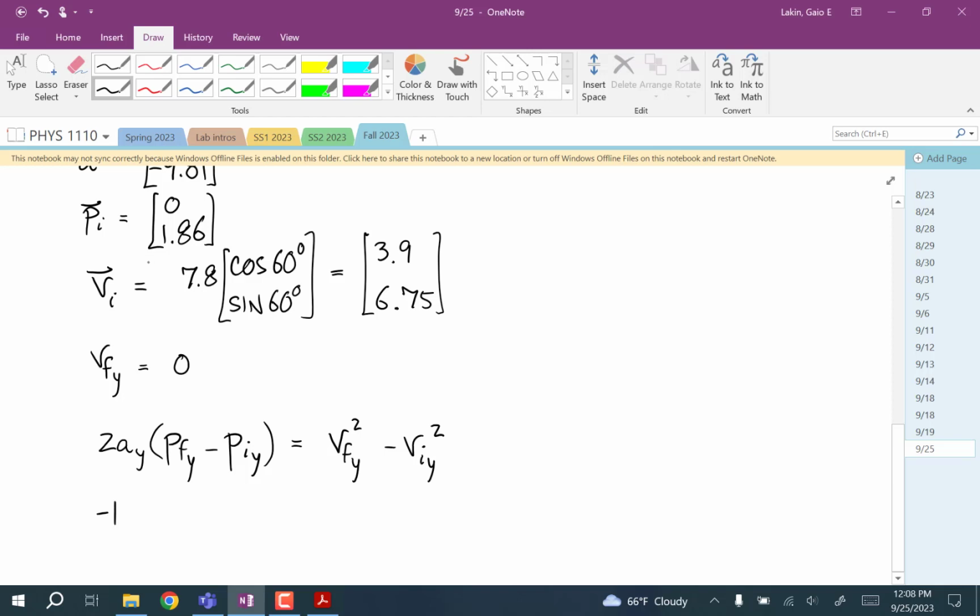So 2 times negative 9.81 is 19.62 times PFY minus 1.86. And then that's equal to 0 squared minus 6.75 squared.